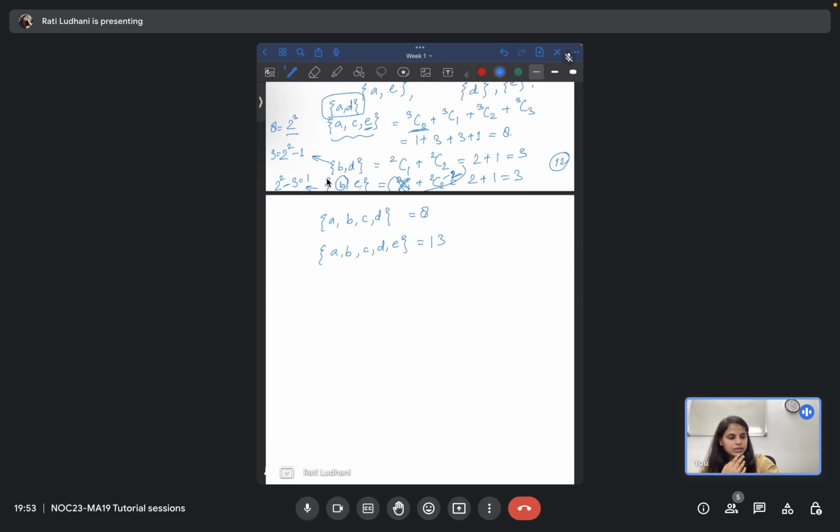Okay, so basically if you try to calculate with the set A, with the set AB, with the set ABC, this should be 1, this should be 1, and this should be 2.